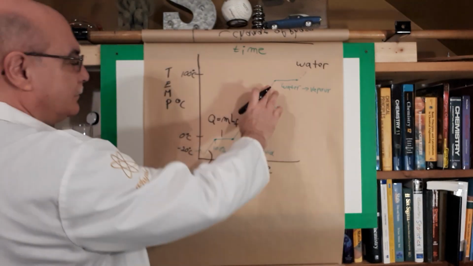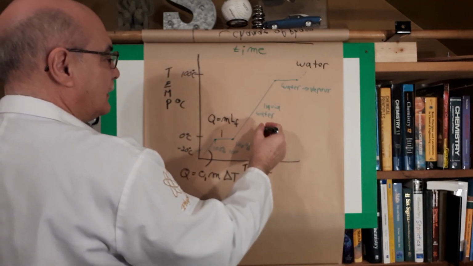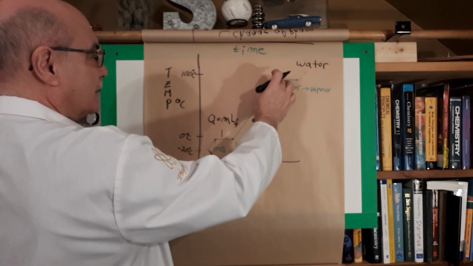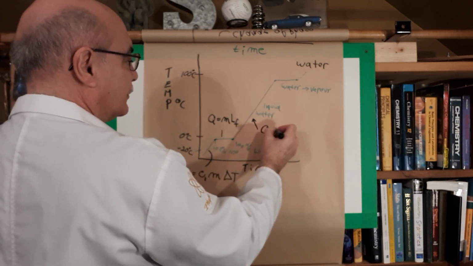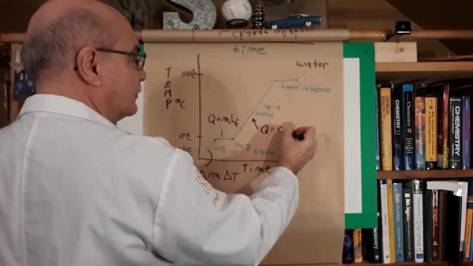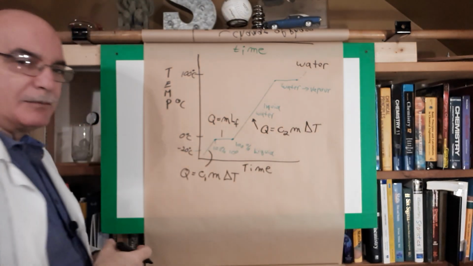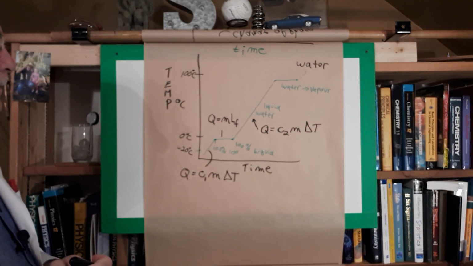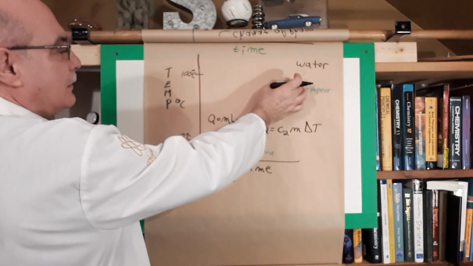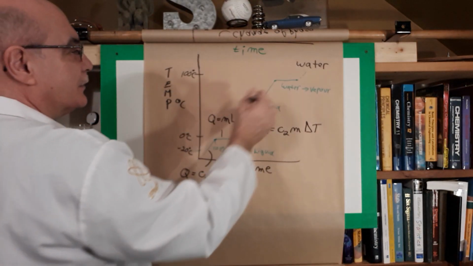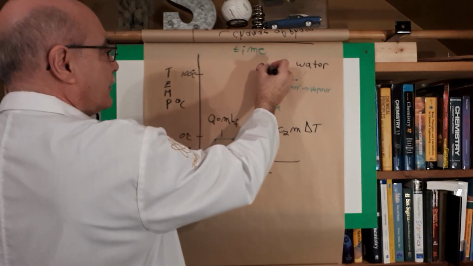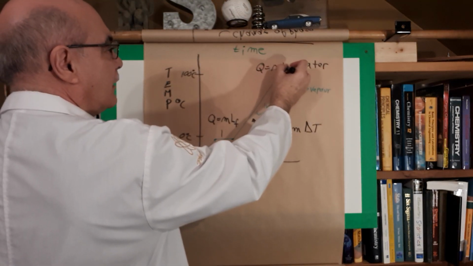During this slope, the equation is similar to this one. So the heat required to raise the temperature, Q is equal to C, we'll call that C2, M represents mass, change in temperature. And up in here, another change of phase is similar to this one. The equation is Q is equal to MLV.